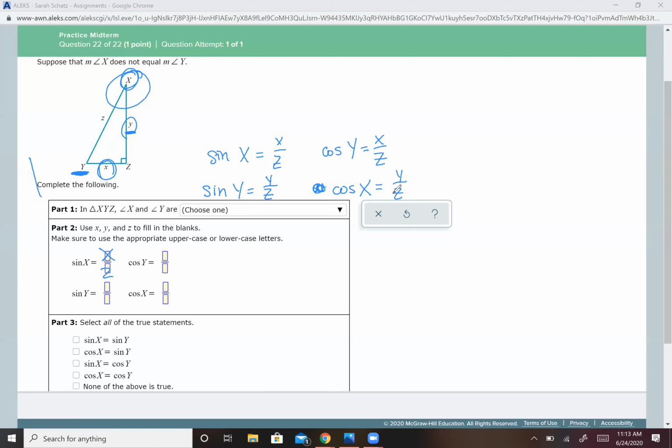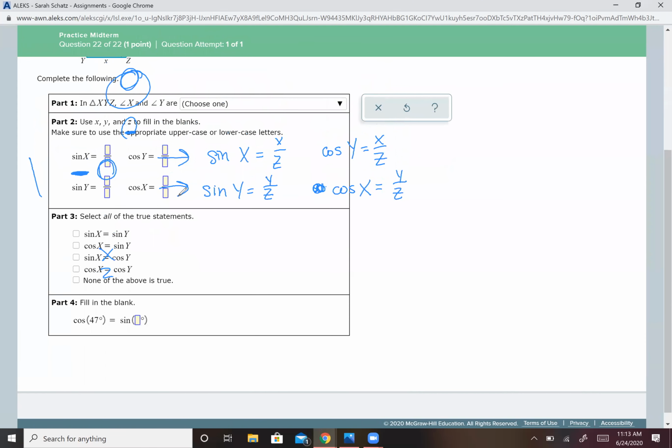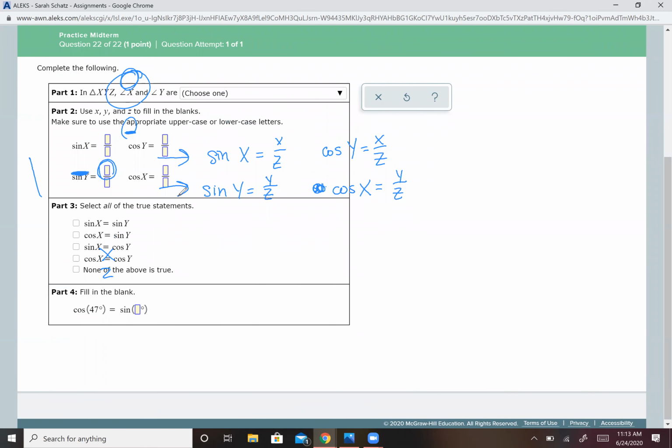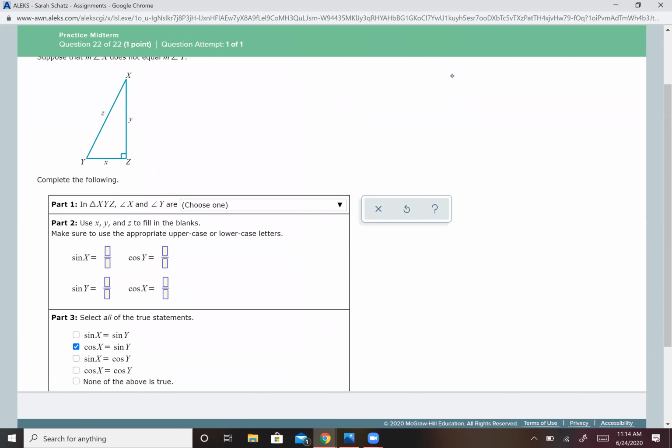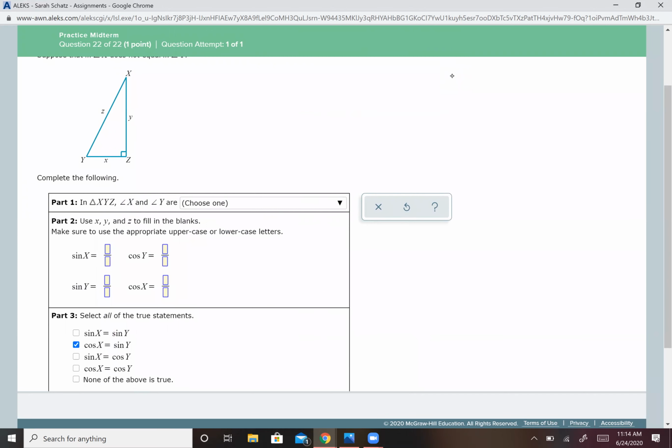So you guys, when you're doing this problem, this line should have the same values and this line should have the same values. And that's kind of the point. We're pointing out this relationship. And then you answer the questions below using what you found or just using what you know. You guys, the cosine of x and the sine of y are the same. One way to remember this is that in this right triangle, because this part is the right angle, x and y are complements of each other.